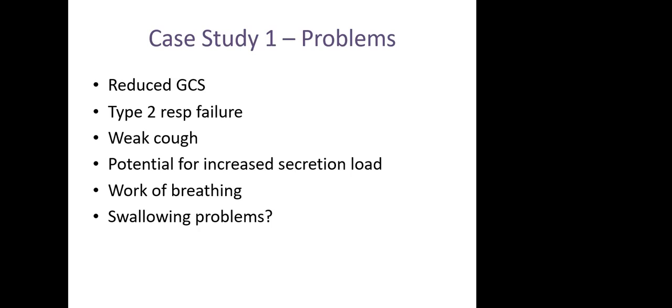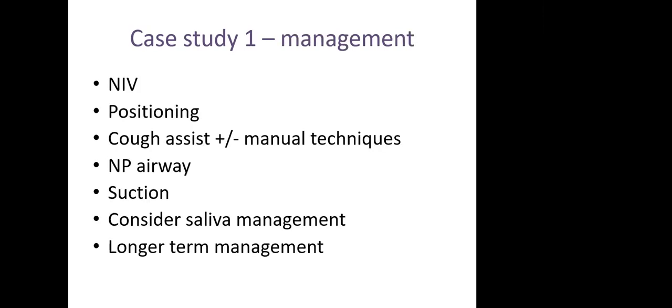And swallowing problems, we've mentioned, can be common in neuromuscular patients. So we know this person's on a modified diet. They've got a peg feed. They could have aspirated. The chest X-ray findings are sort of fitting with that as well.